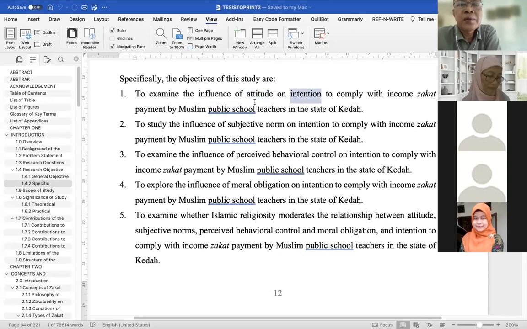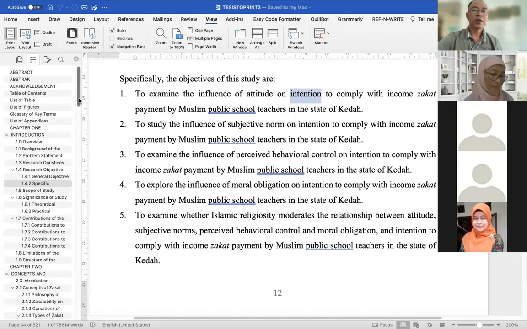And then the supervisor will ask you, okay, how do you want to collect data on attitude? How do you want to collect the data on intention, right? So you say, okay, I want to use a questionnaire. So you need to develop a questionnaire on attitude and intention, right?